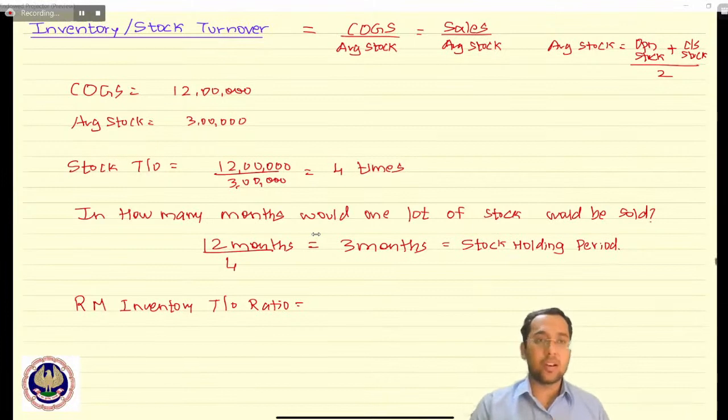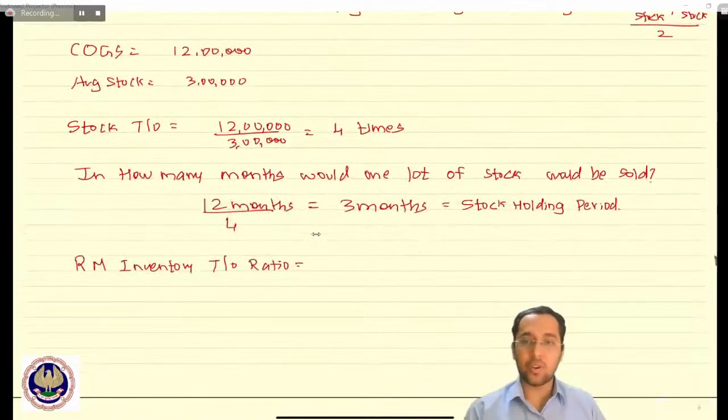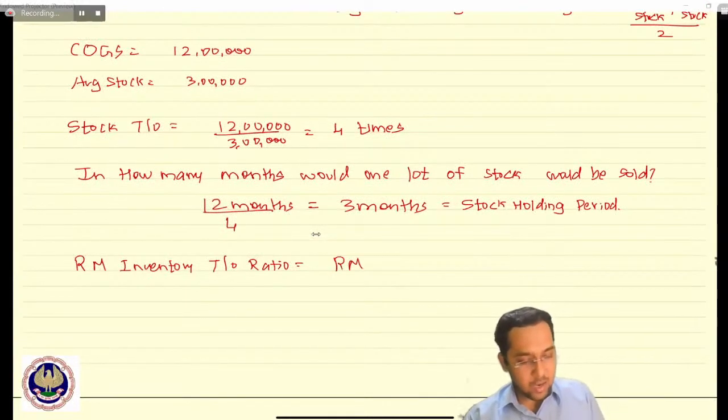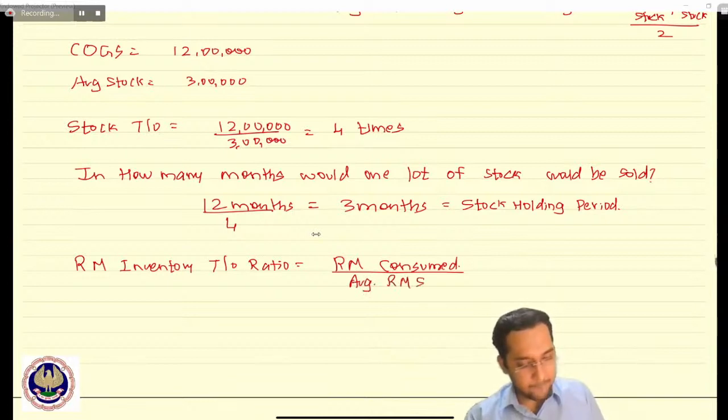Generally, the raw material is purchased for the purpose of consumption in the activity of production. So for this raw material turnover ratio, the formula is raw material consumed divided by the average raw material stock.